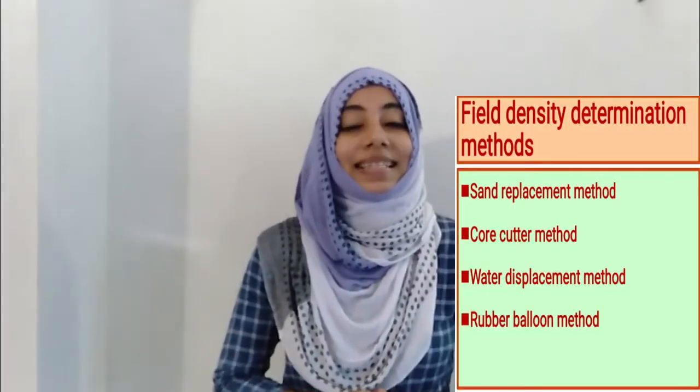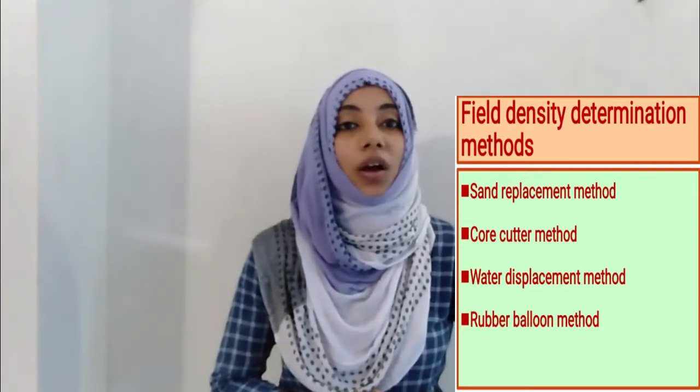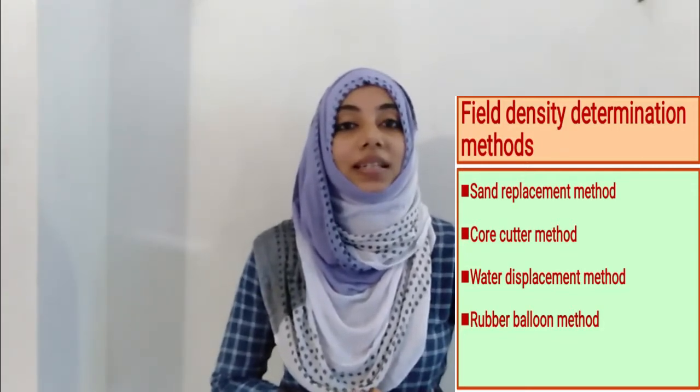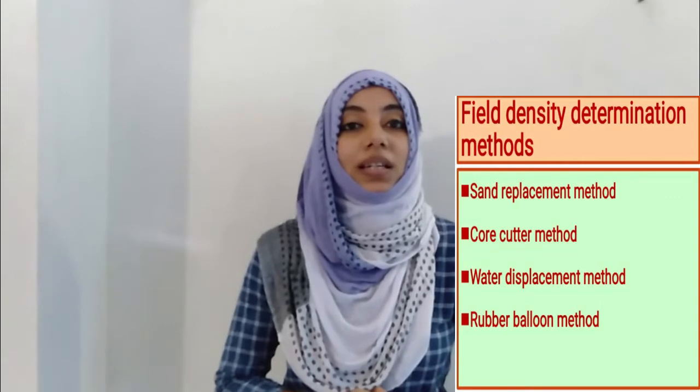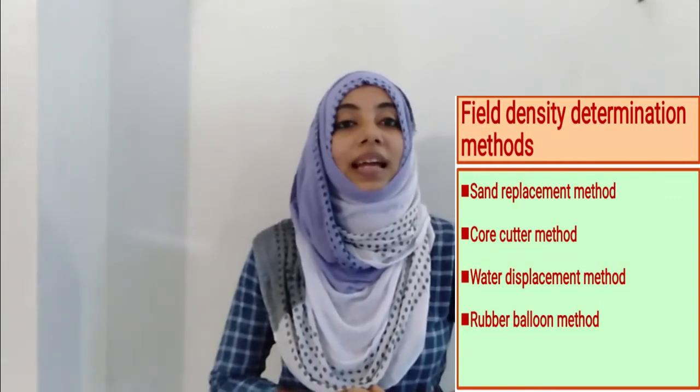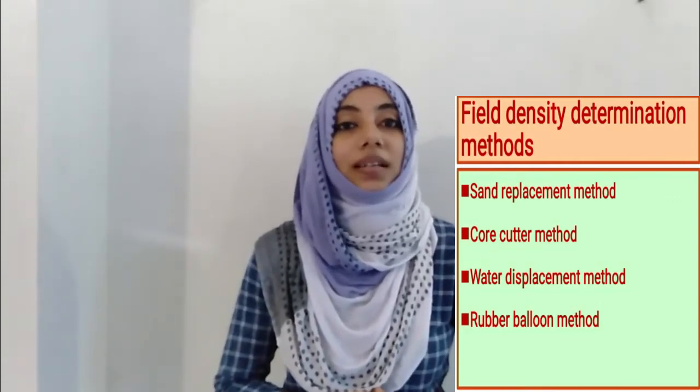Those are sand replacement method, core cutter method, water displacement method, and finally rubber balloon method. Today we are going to discuss determination of field density of soil by using sand replacement method.